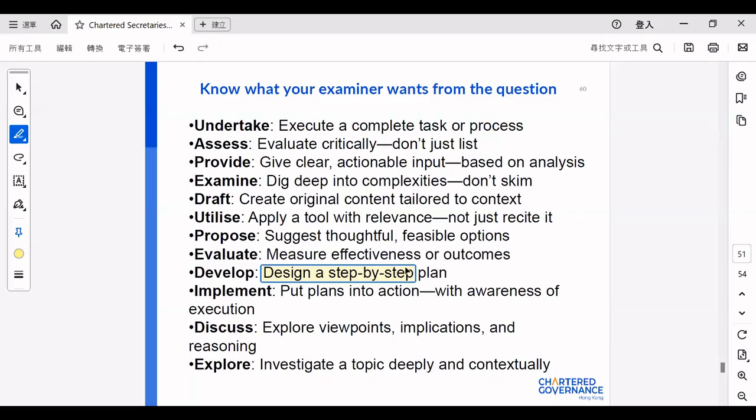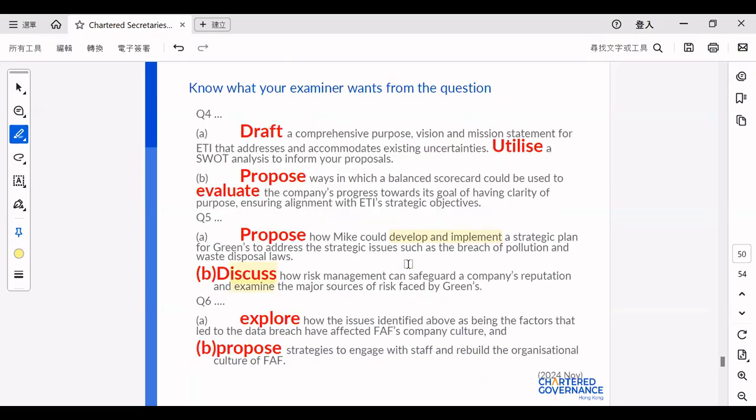As you can see, it's not a question that asks you to explain. It's not a question that asks you to describe. It's a paper that asks you to give practical answers to a given scenario.